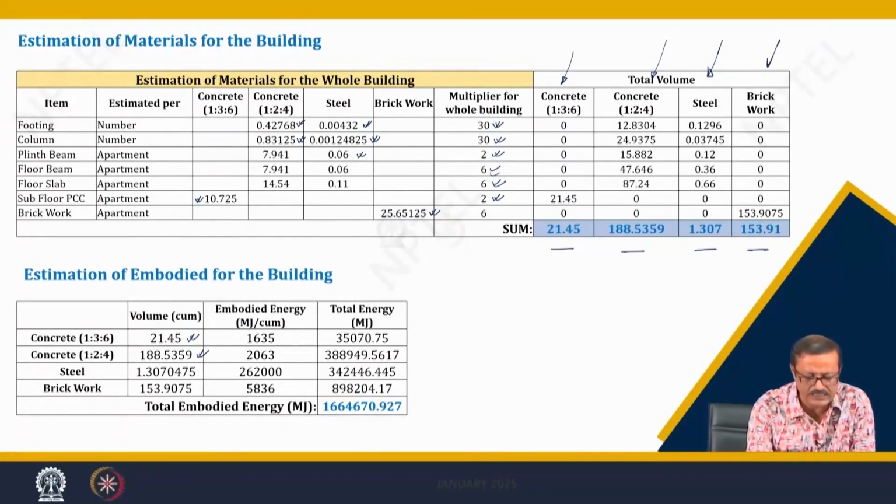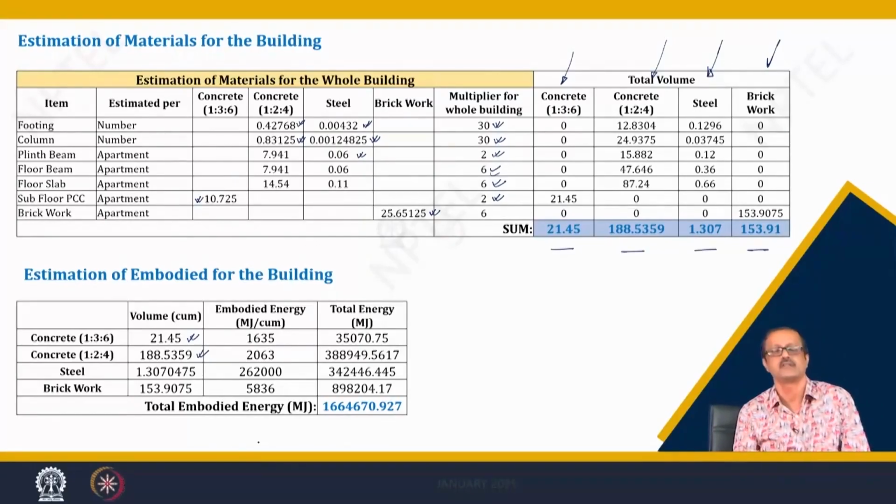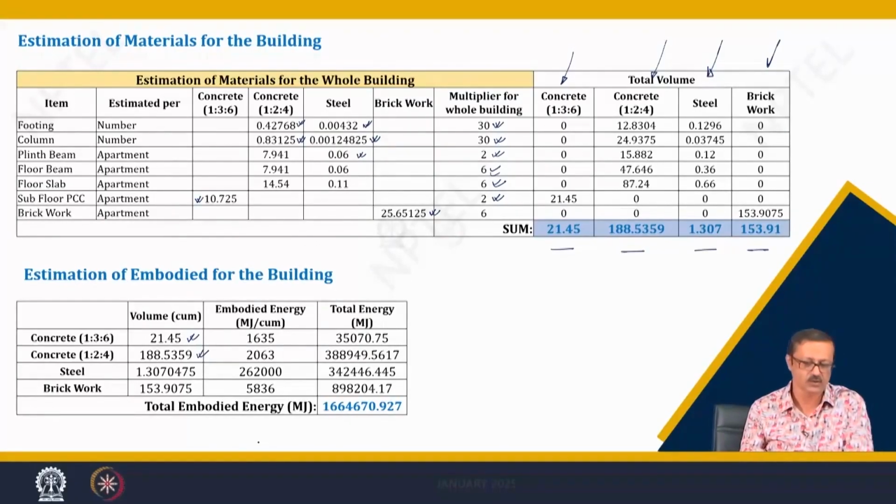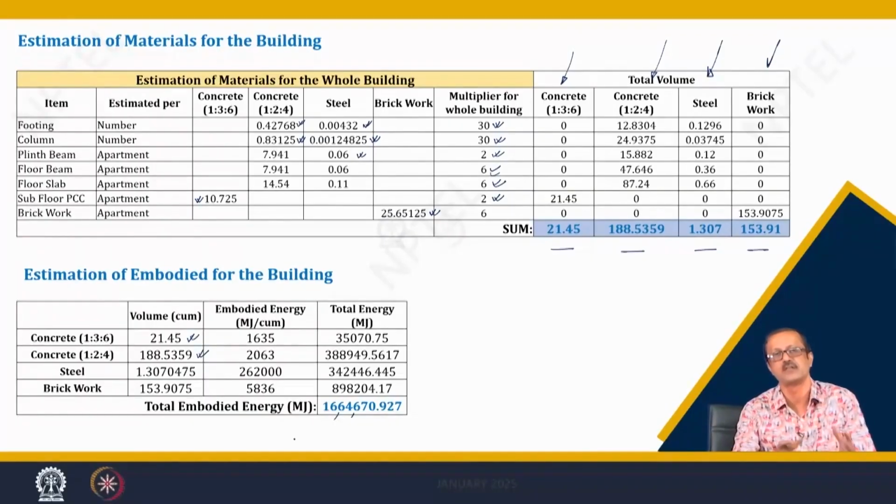Then I multiplied with the corresponding embodied energy, which I got from the Auroville Earth Institute data bank, and added. It is almost 16,64,670.9 megajoule, the total embodied energy of this particular building.